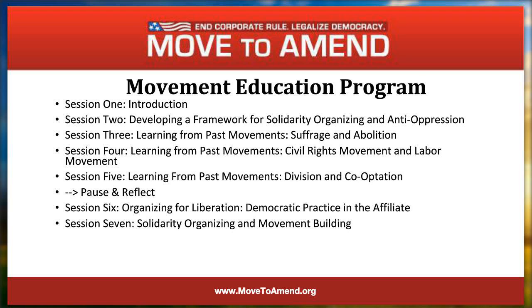And then also learning from some of the past mistakes and failures of some of these movements, including division and co-optation, which typically happens from the 2 major political parties backed by wealthy corporate funders, who create wedge issues that divide movements and make the general population more manageable, because we cannot unite on common ground or a central issue.